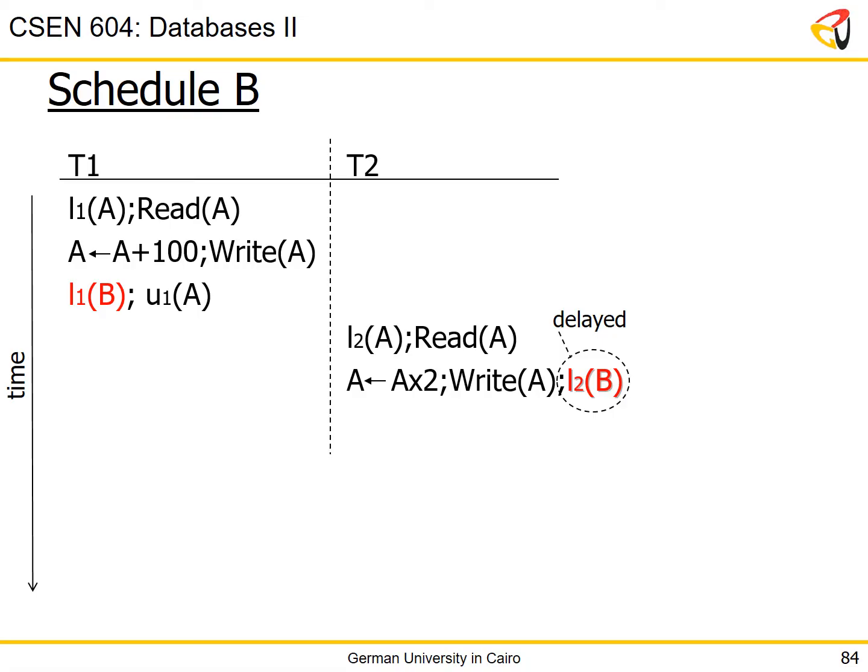Once it's blocked, it will be preempted. It will be taken from the CPU and the context switch will happen again. Now, if we imagine that in our database engine there is nothing but these two transactions, the context switch will happen to T1. That's the only option, which will enable T1 to continue running. So this is the way that the scheduler enforces serializability, by using a two-phase locking mechanism.